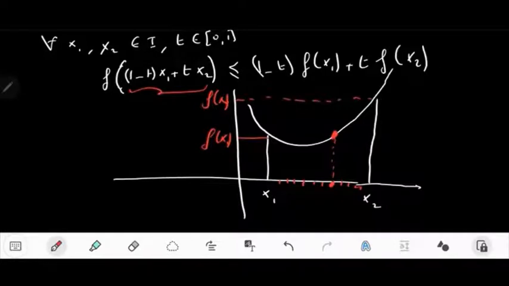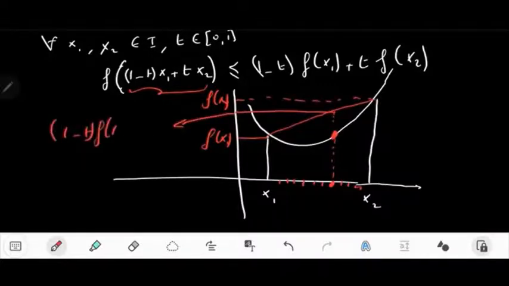But more interestingly, it's exactly this point. So if you join these 2 points and you prolongate this one, it's exactly this point. So this point is (1 minus t) f of x1 plus t f of x2.